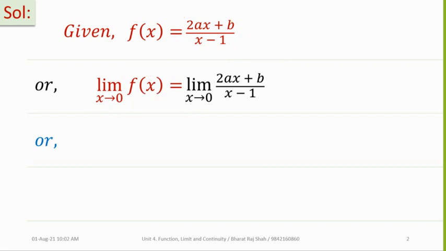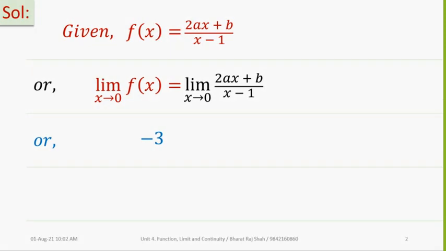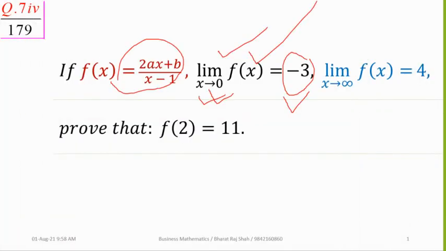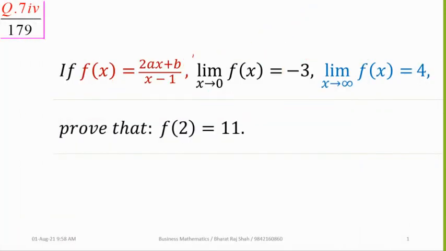And now we are going to put the value of x as 0. On the LHS, we have written minus 3. Why? Because if you look at the question, then you'll understand what is the limiting value of the function at x tends to 0.